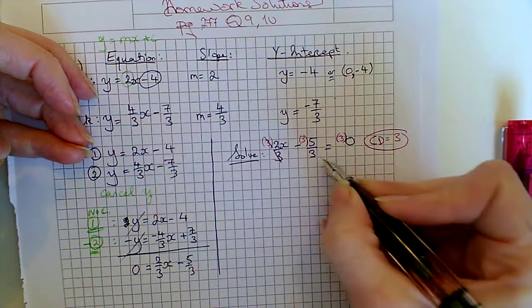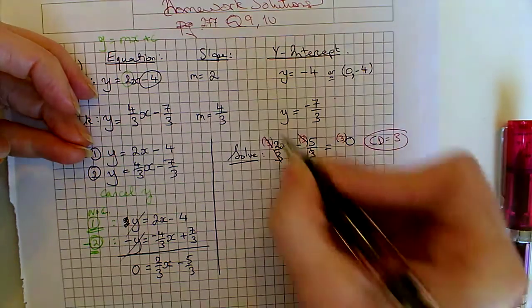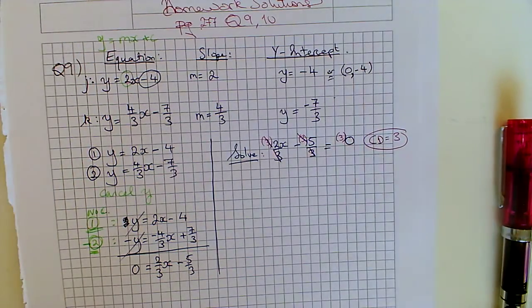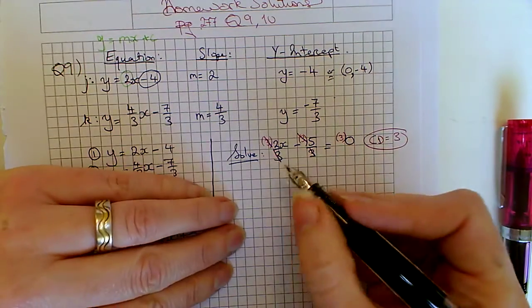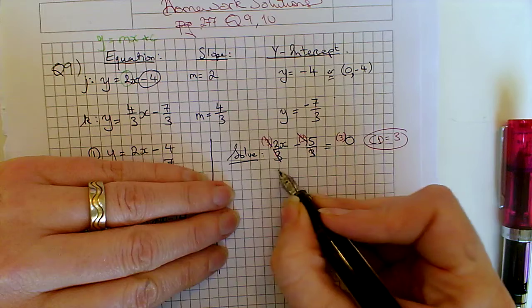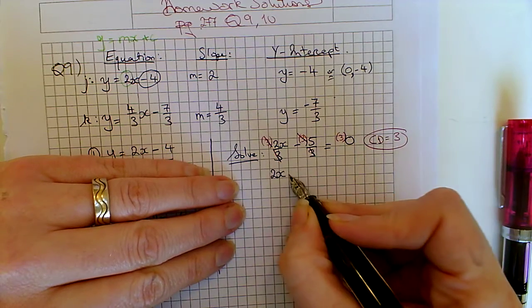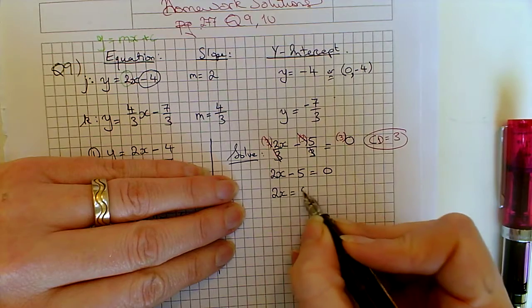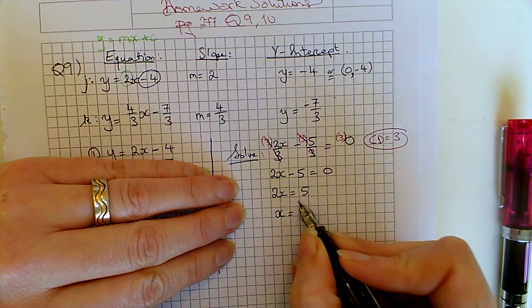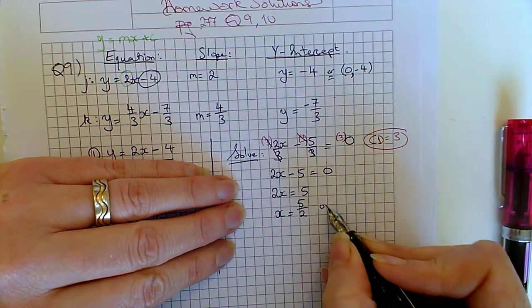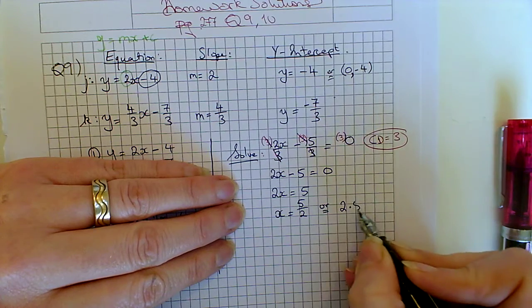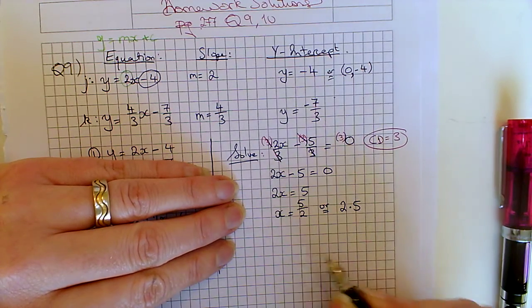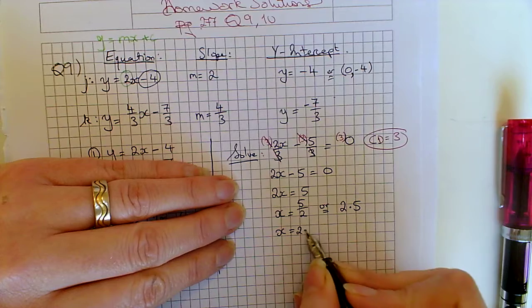When there's a fraction, the denominator divides in. It divides in to give 1 there. So there's nothing left to multiply, because 1 times anything just gives you the same number. So 2x minus 5 is equal to 0. 2x is equal to 5, and x is equal to 5 over 2, or probably more convenient to write that down as 2.5. So x is equal to 2.5.